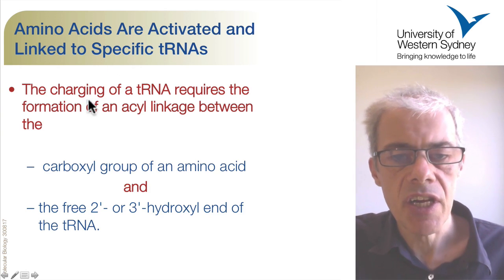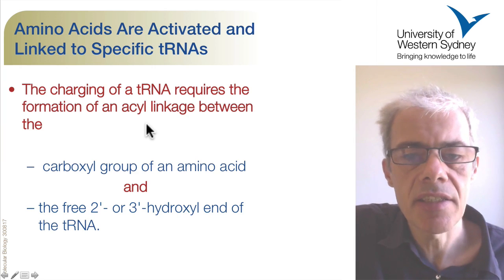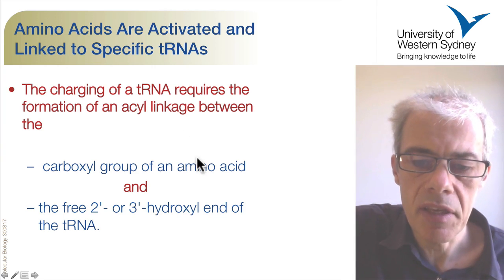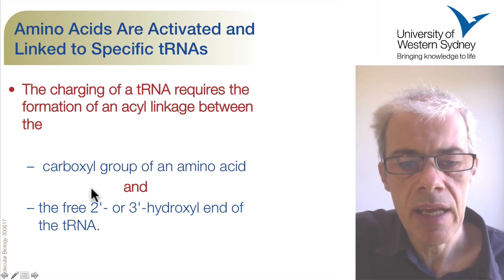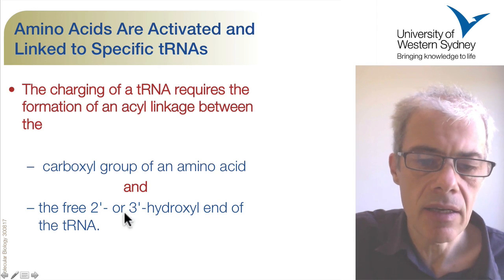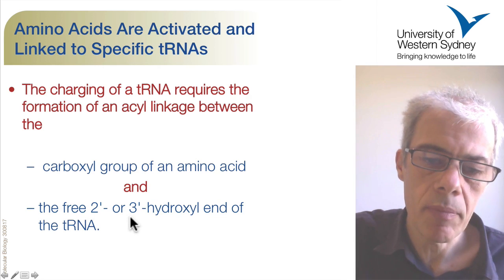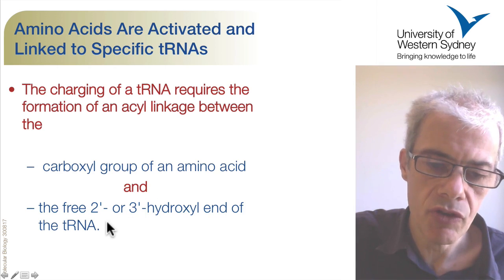So the charging of the transfer RNA requires the formation of an acyl linkage between the amino acid and the transfer RNA. And this occurs at the carboxyl group of the amino acid and the 2' or 3' OH of the sugar of the transfer RNA.